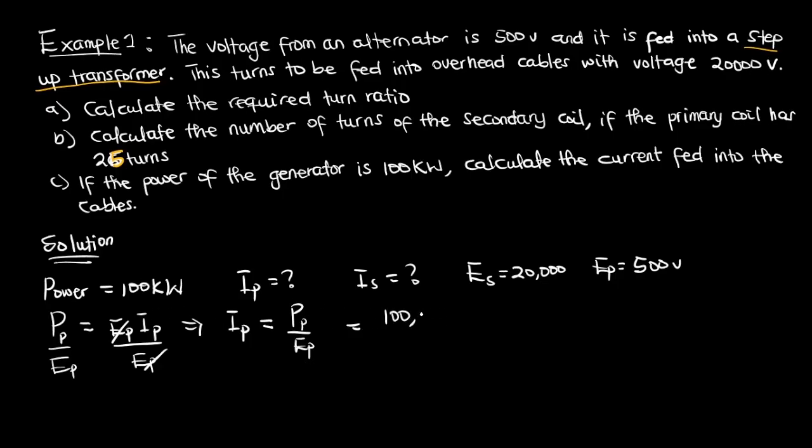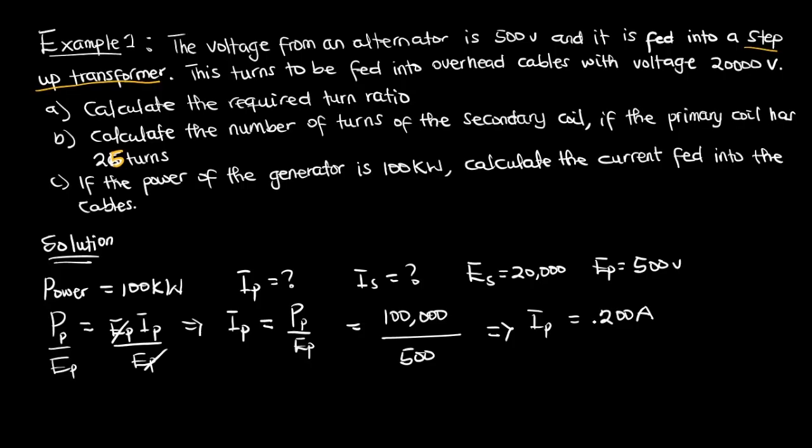K is times 10 to the power 3, so 3 more zeros over the initial potential difference, EP, is 500. So I bring my 500 over here. So therefore it implies that my primary current is equal to 100,000 divided by 500, and this will give me 200 amperes as my answer.